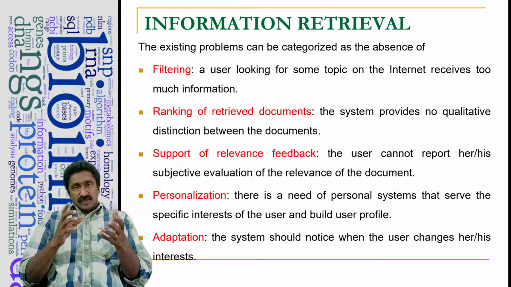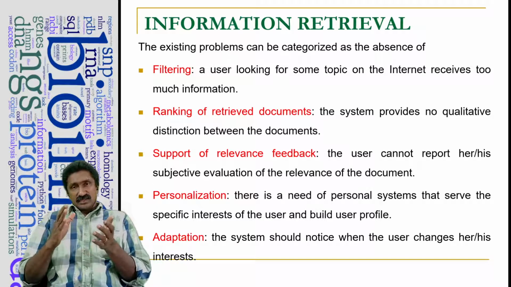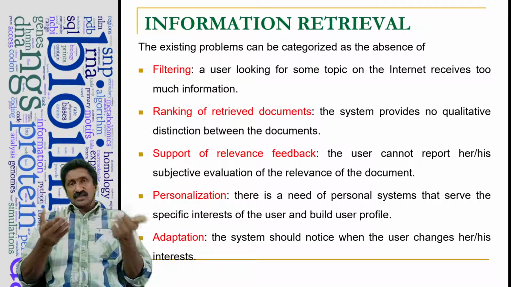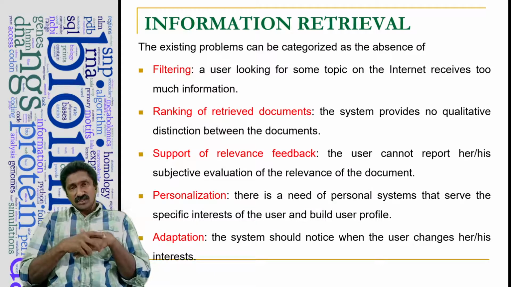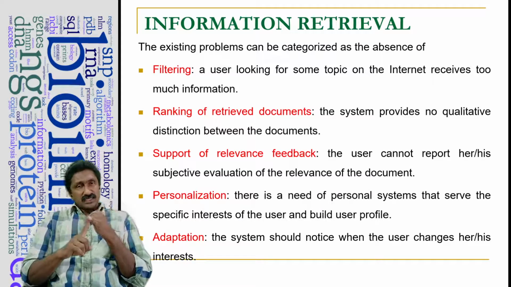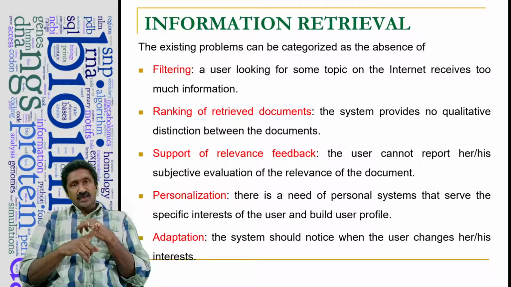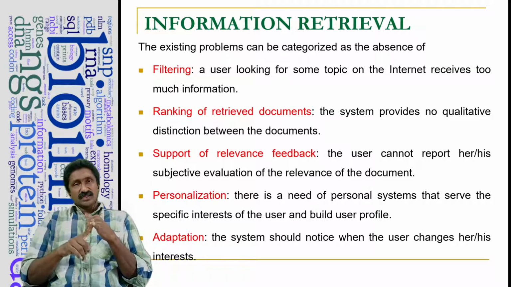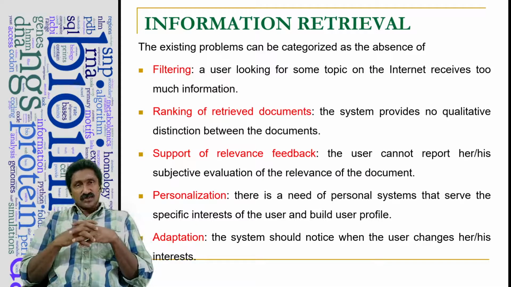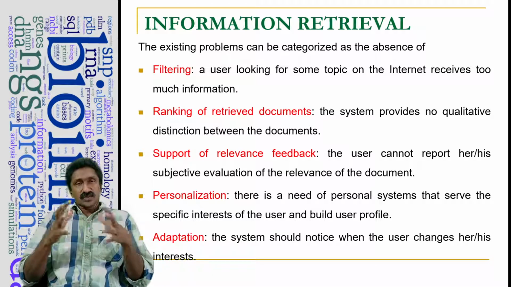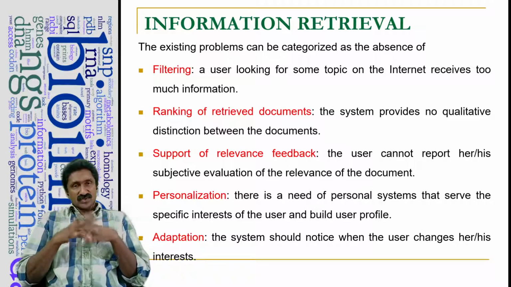So existing problems can be categorized. For the information retrieval from a large database, these can be listed as the problems associated with such information retrieval. One is filtering. A user looking for some topic on the internet receives too much information. If you give a query into an internet search box, you will get maybe millions of search results or hits.